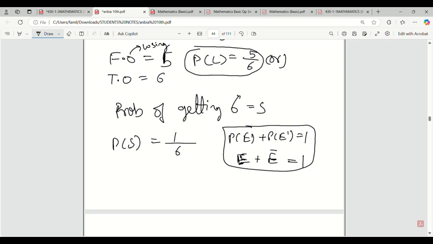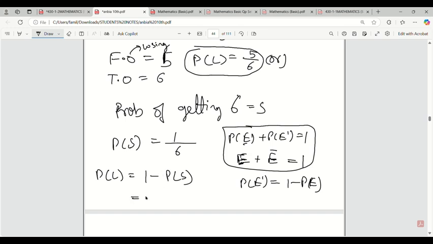Now if we know P of E, then we can find P of E dash, which is nothing but the losing. P of E is the rate of success. P of E dash is the probability of losing the game. So P of E dash, I'll write it as 1 minus P of E. Probability of losing the game is equal to 1 minus probability of success, P of S, or probability of getting 6.